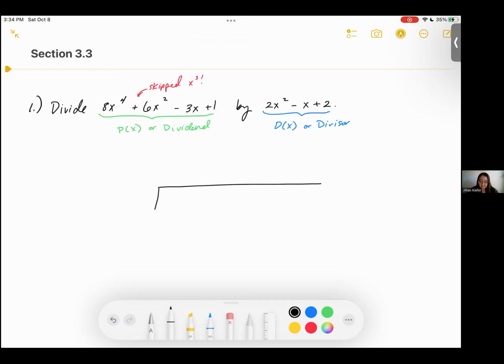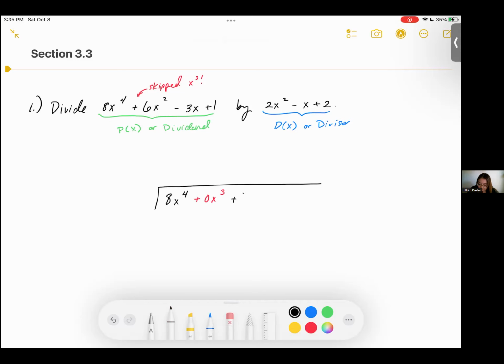This is our house. And we're going to write, remember, the dividend under the house. So we've got 8x to the power of 4. We skipped over that x to the power of 3 term, so we're going to write a plus 0x to the power of 3. And then we can write the rest normally.